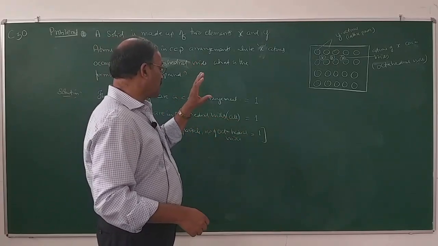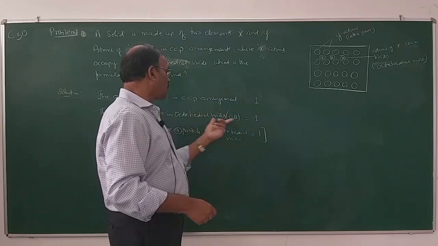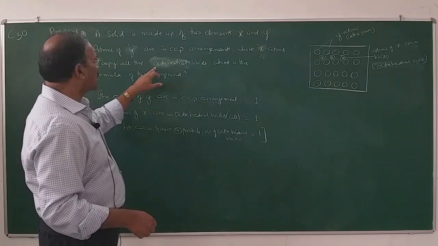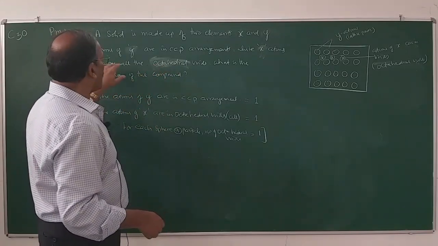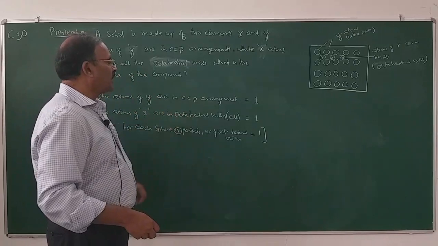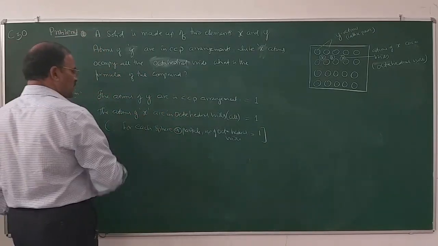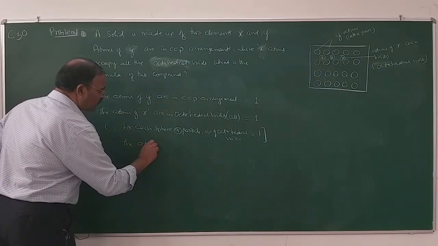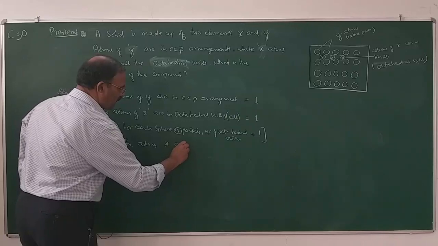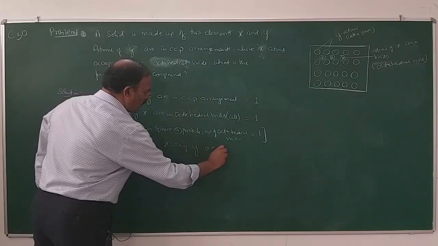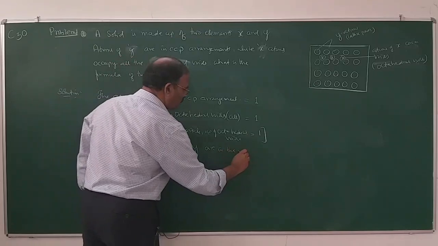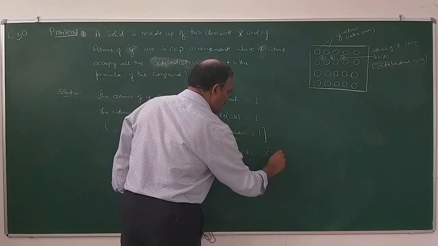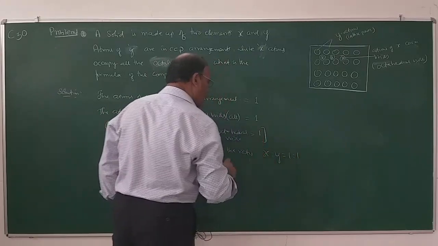Tetrahedral voids is equal to 2. Octahedral voids is equal to 1. Here, the atoms of X are in octahedral voids. All the octahedral voids are filled by the atoms X. Therefore, the atoms X and Y are in the ratio X is to Y equals 1 is to 1.